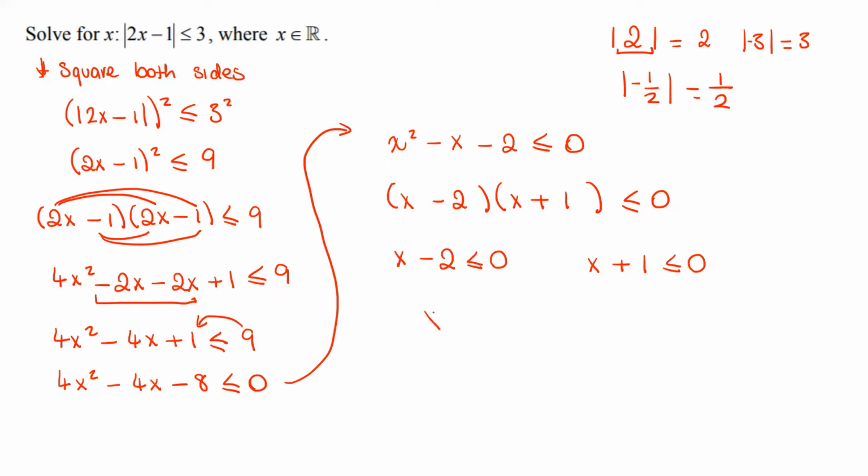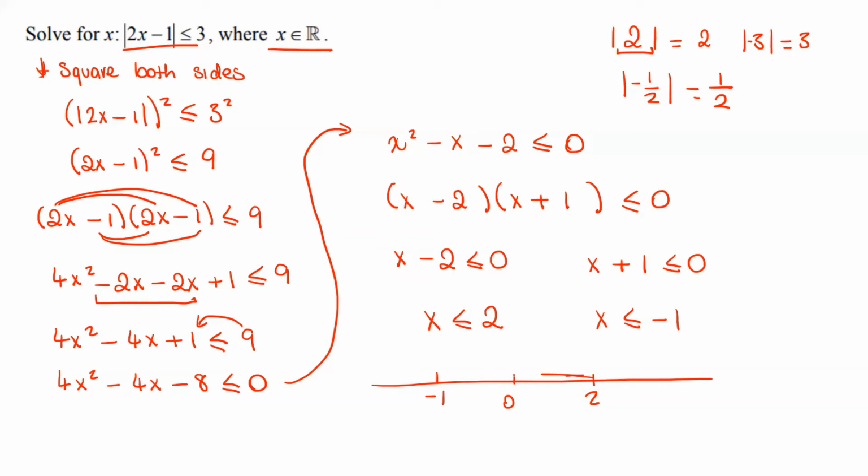Then solving for x, we're either going to get x is less than or equal to 2, or x is less than or equal to minus 1. So for solving this equation, where x is a real number, x must be either less than 2 or x must be less than minus 1. If we draw that on a number line, we'll have 2 here, we'll have 0, and we'll have minus 1.